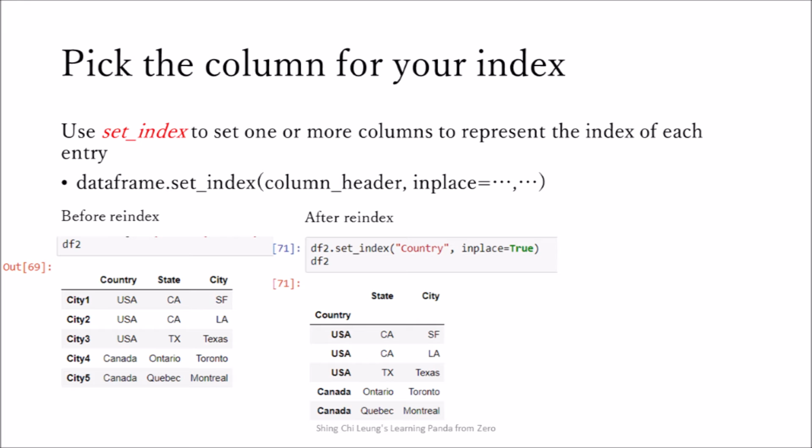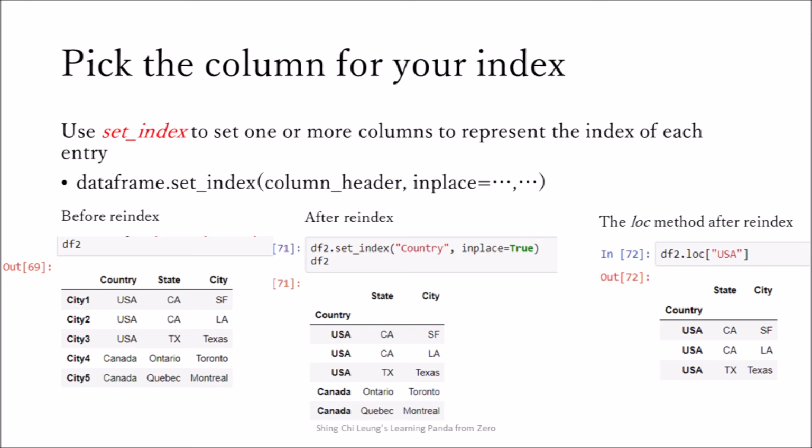Also, we can see that the entries of San Francisco, Los Angeles, and Texas share the same index, country USA. If we use the loc method and call the row by the index name USA, we will have 3 rows returned. If you recall chapters 6 and 7, this is something similar to the query we discussed in the last chapter.